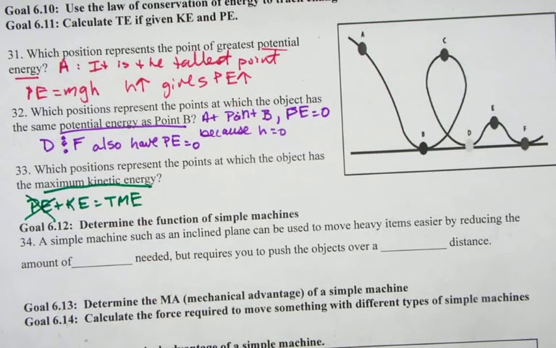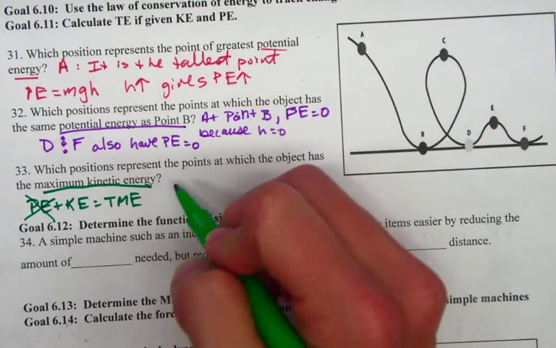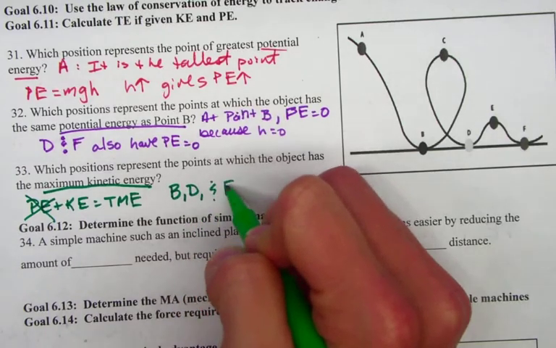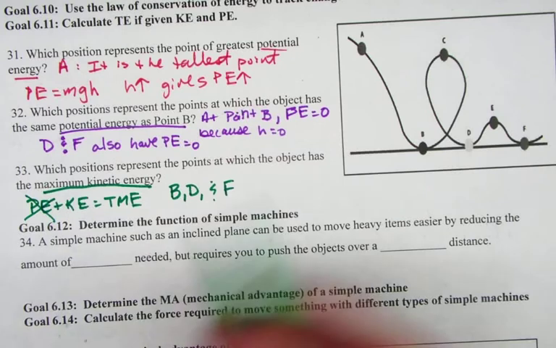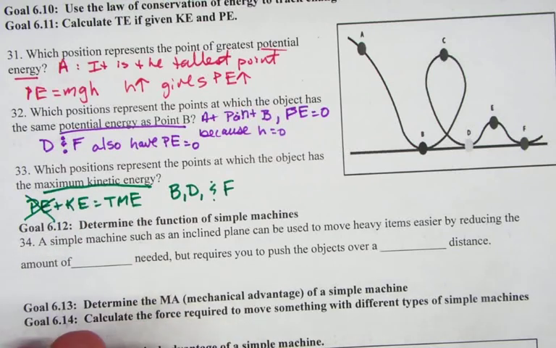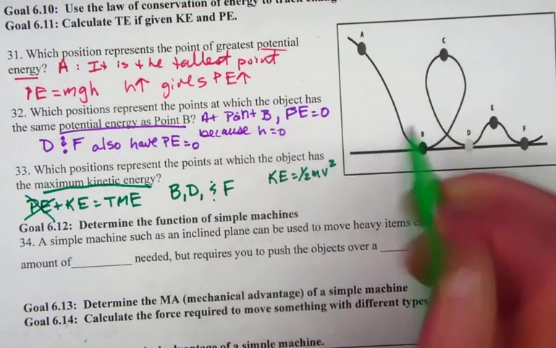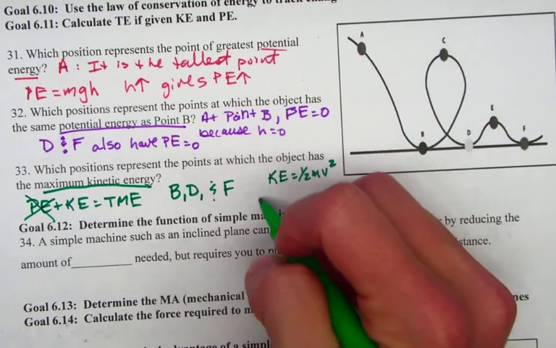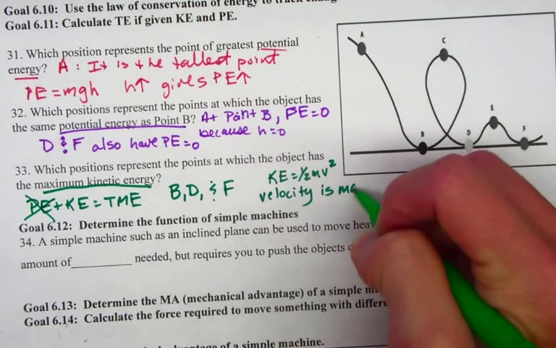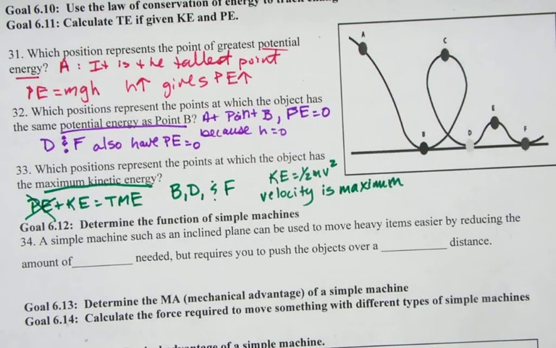Okay, so this is going to happen when potential energy is 0, and we know from number 32 that that happens at points B, D, and F. Okay, so what we also know is because this has a maximum kinetic energy, so remember kinetic energy equals 1/2 mv squared, we know at these spots that the velocity is its maximum. Okay, so it has the maximum velocity at all those spots as well.